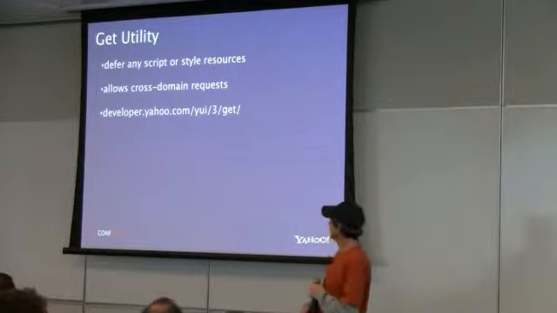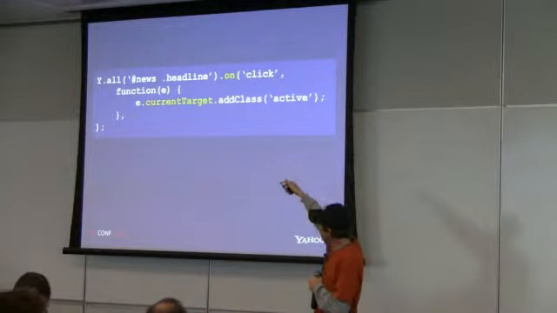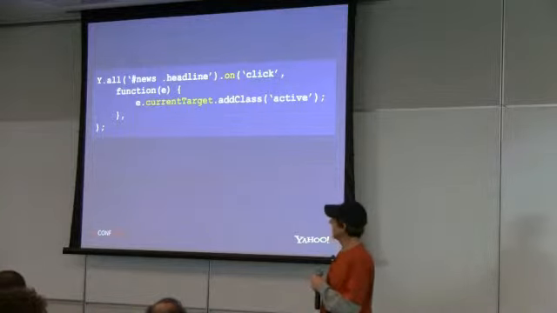Okay, so we're going to move right into running YUI and some runtime enhancements and improvements that we've made. The first thing we're looking at here is your standard event listener. In this case, however, instead of adding it to one element, we're adding it to any element with the class name headline inside of a news module.